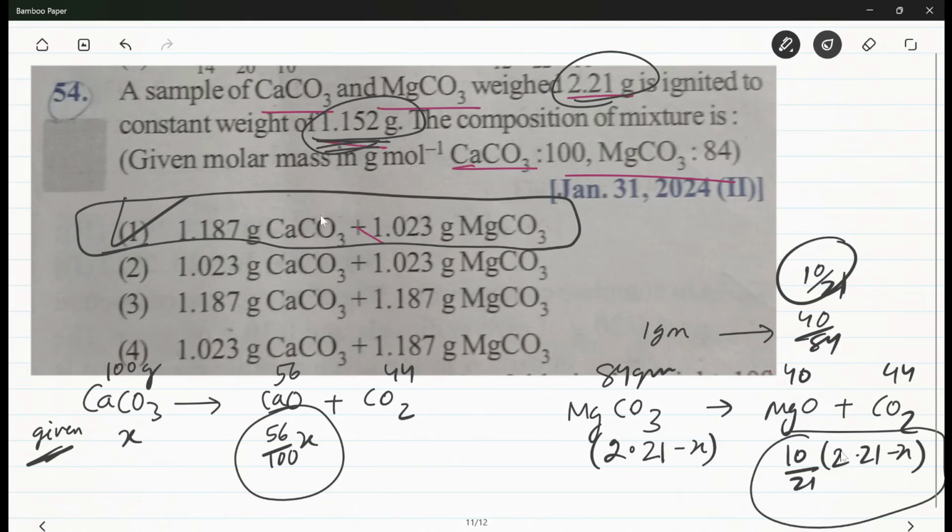So only two options add up to 2.21, 1 or 4. Now you just have to solve which one is more. Is it option 1? Please check the answer key. Understood the trick? First the remaining two options are eliminated. See, in a tricky question also option elimination works.